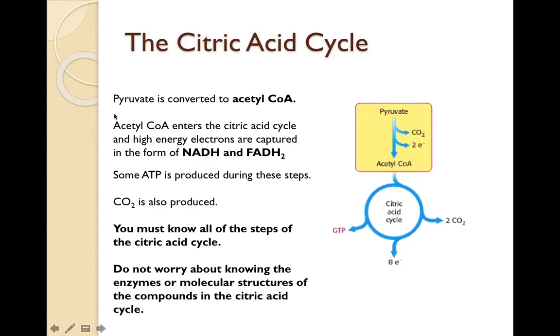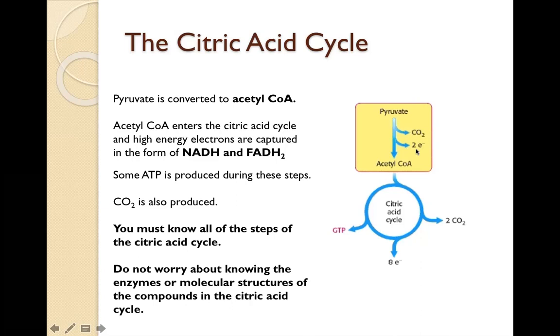The majority of this process, as pyruvate enters this citric acid cycle, it's converted to a molecule called acetyl-CoA. And this initial conversion takes away one carbon. Pyruvate is a 3-carbon molecule, and one carbon is taken away in the form of carbon dioxide.